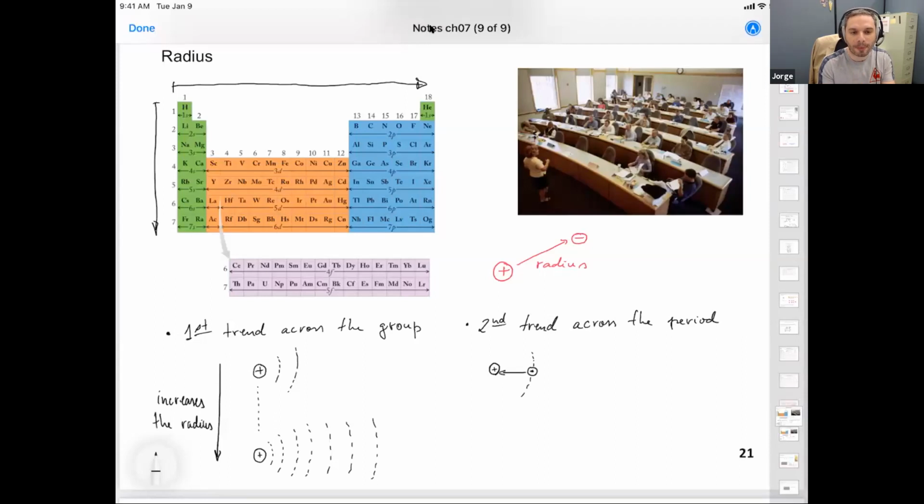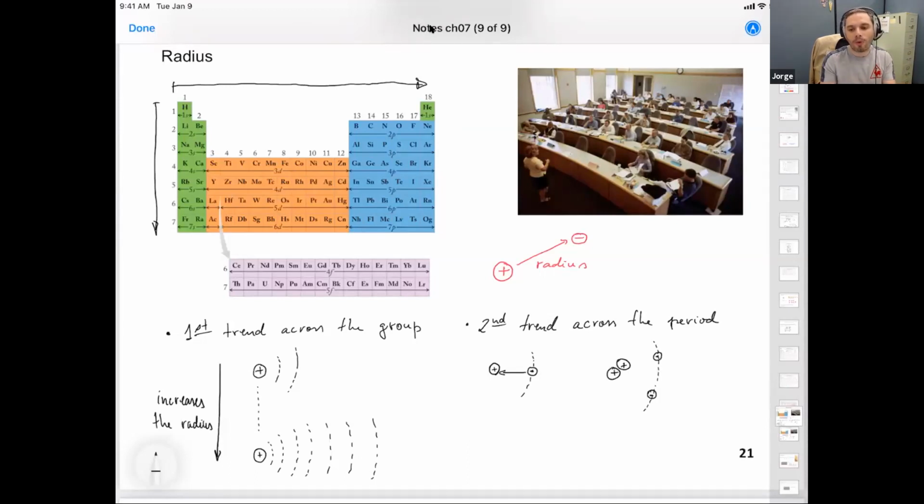What will happen when we move from hydrogen to the very next neighbor, which is helium? Helium still has one shell. However, we added one more proton. So now we have two positive charges, still one shell, and we have two electrons in this shell.